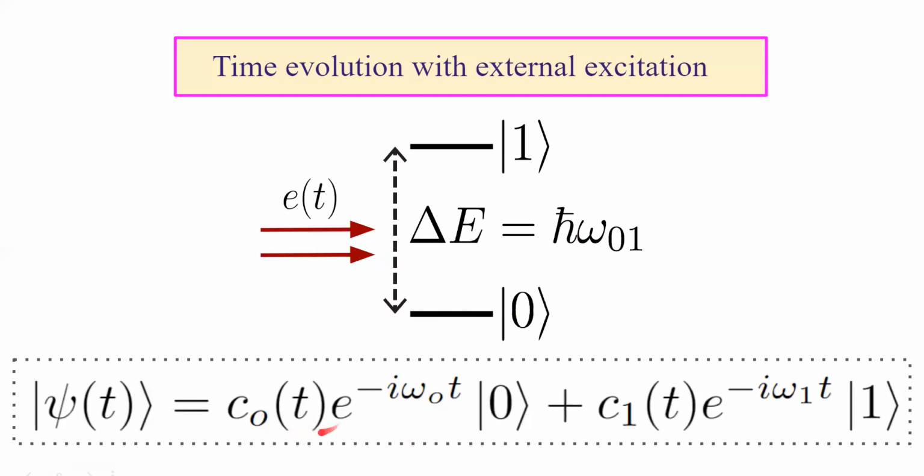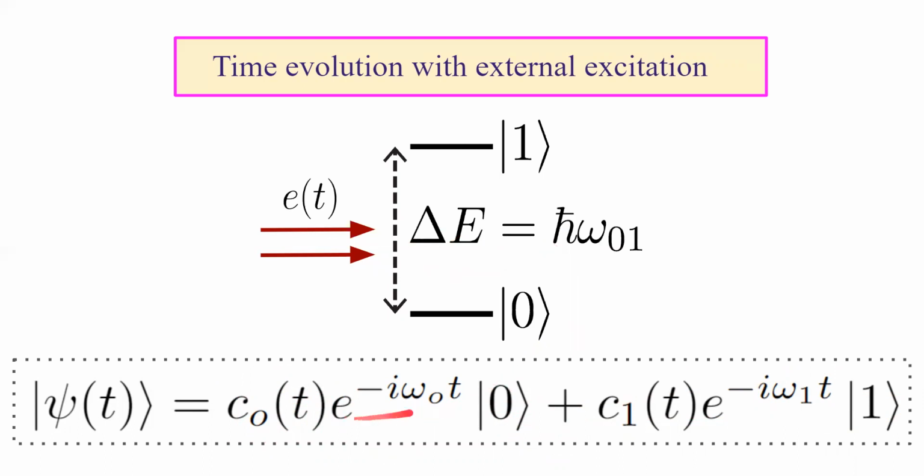So as you can see now, C naught is not just dependent on the initial value, that also evolves along with this phase term that we have. C naught t, C1 t, they also have an individual time varying component in addition to this time varying phase. And this time varying C naught t and C1 t comes due to the external drive, right?